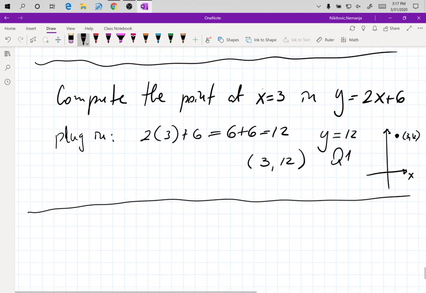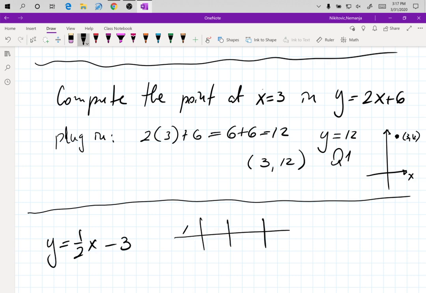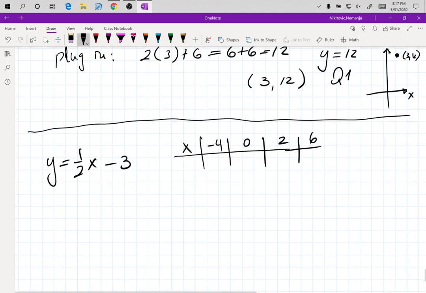You might have a couple of these to compute. So they give you y equals 1/2 x minus 3, and then they give you a whole bunch of x values. Let's say they give you -4, 0, 2, and 6.